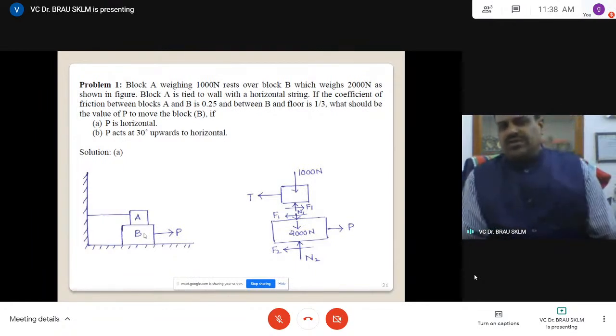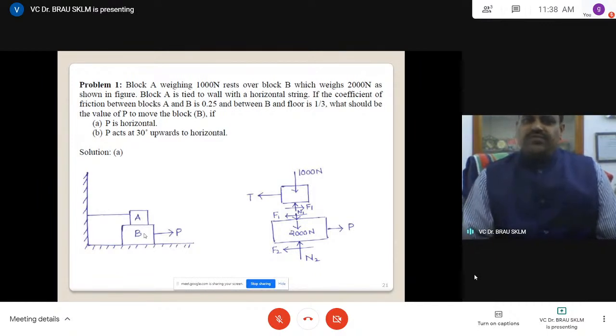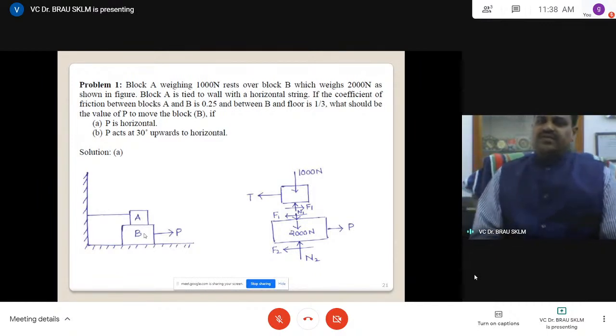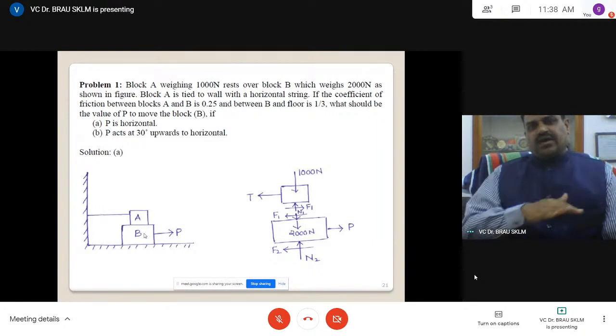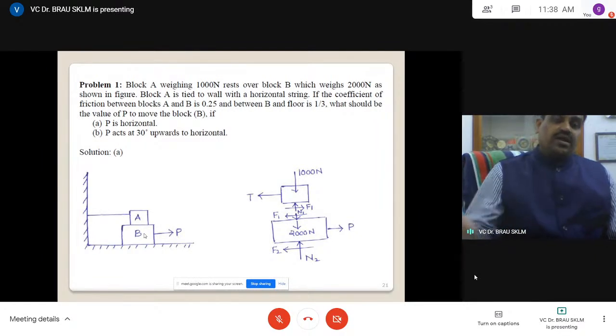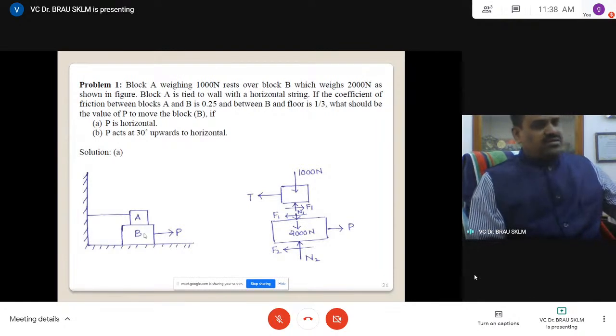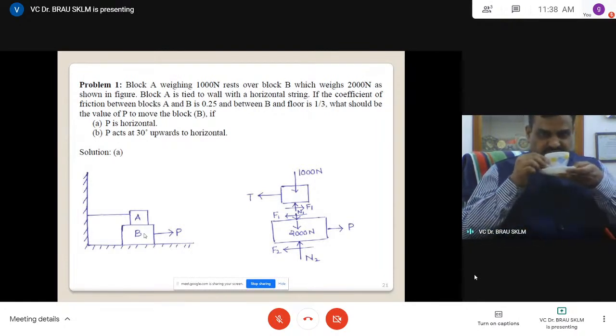Vertical force equal to 0, horizontal force equal to 0 if it is a static system. If it is a dynamic system, sum of vertical force is equal to mass into acceleration in y direction, and sum of horizontal force is equal to mass into acceleration in x direction, or along the plane and perpendicular to the plane, or normal and tangential. What directions you are using is your choice, your convenience.